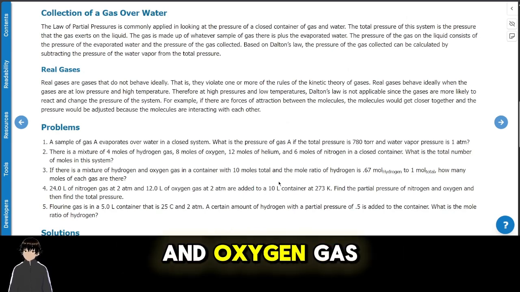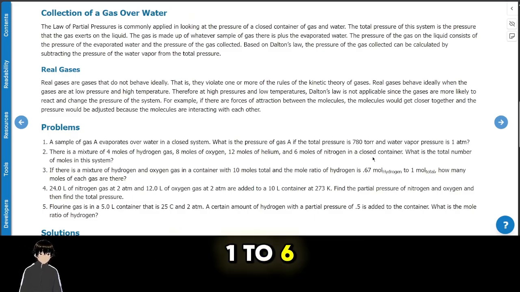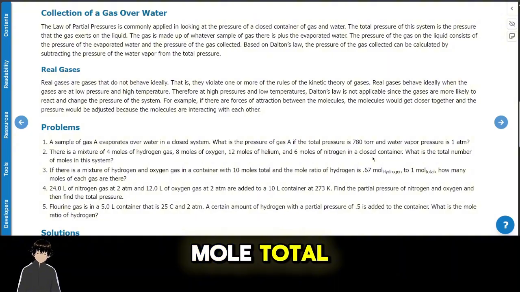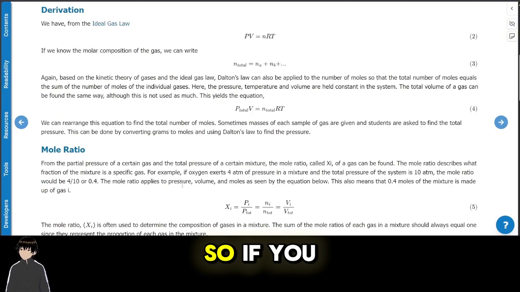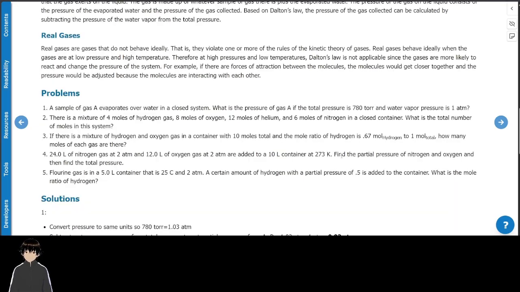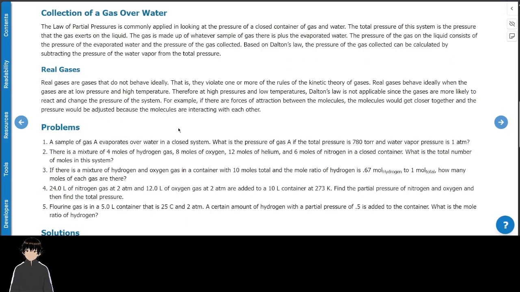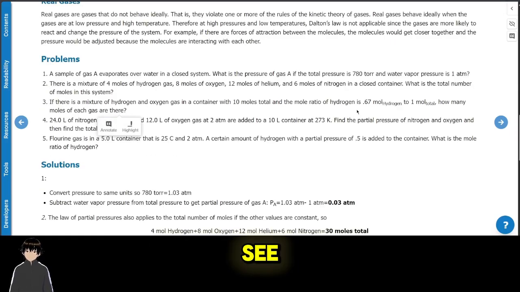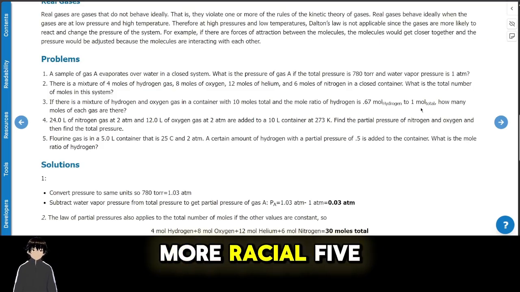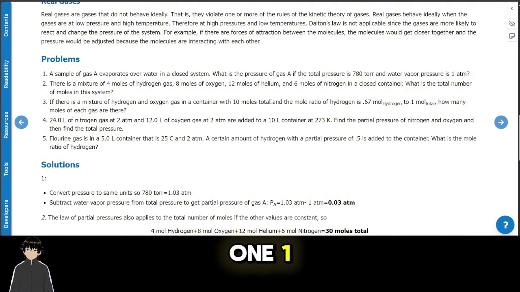If there is a mixture of hydrogen and oxygen gas in a container with 10 moles total, and the mole ratio of hydrogen is 0.67 mole hydrogen to 1 mole total. So if you can see here, the mole ratio of hydrogen is 0.67 moles, and the total of moles is one.